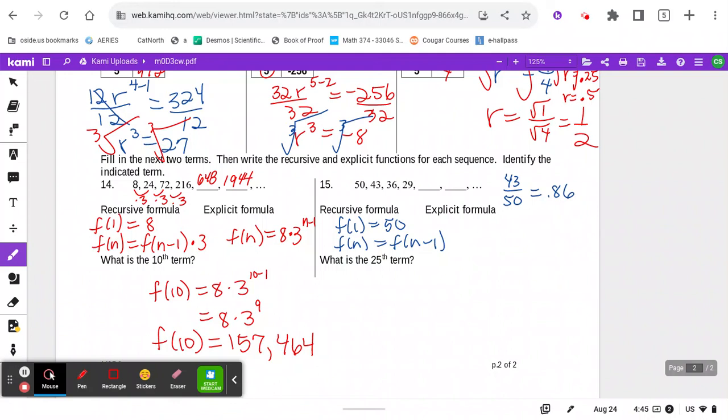Now I'm going to take 36 divided by 43, and I get 0.84. If I do 29 divided by 36, I get 0.81.